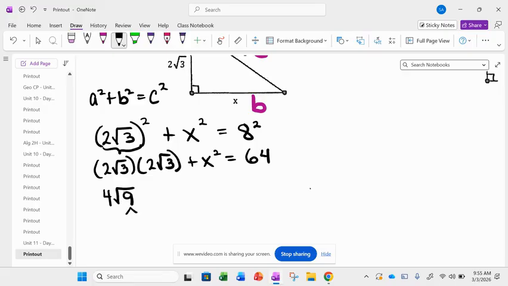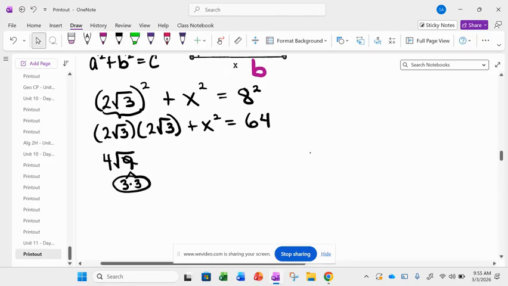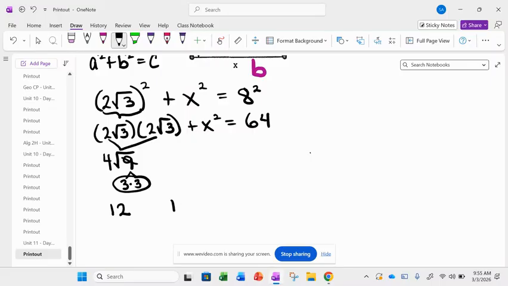But isn't 9, can I break that down into 3 and 3? So now 1 3 is coming on the outside and I have a 4 on the outside. So doesn't that make it 12? Is anybody confused with how I got the 12? Because I can re-explain that. Okay, so now I have 12 plus x squared equals 8 squared, which is 64.